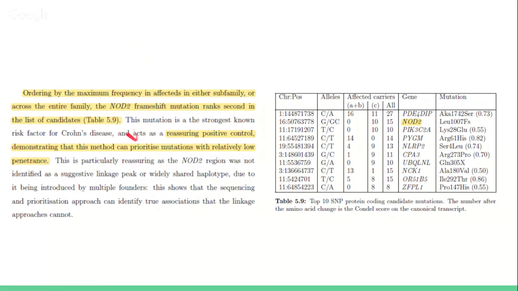The filtering here orders by the maximum frequency affected in either subfamily or across the entire family, with NOD2 frameshift mutations ranked second in the list of candidates, which is good because it's a reassuring positive control, demonstrating that this method can prioritize mutations with relatively low penetrance. So here is an example of applying this methodology and finding a positive control that was already found by more traditional methods.